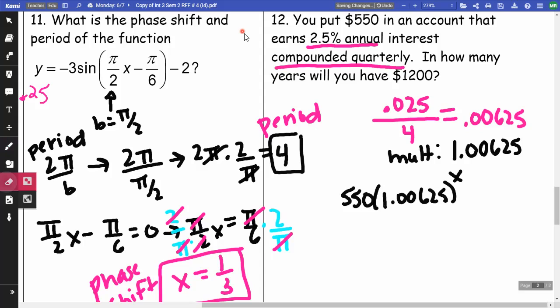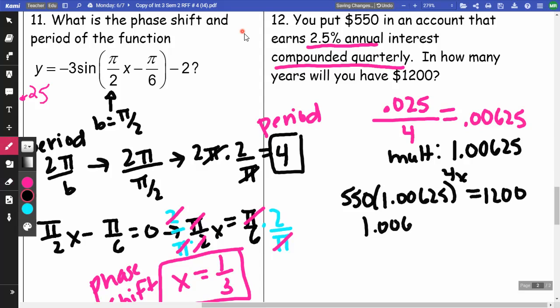And it's not an x. It is 4 times a year for x years, is equal to 1200. So 1.00625 to the power 4x is equal to, I'm going to divide by 550.